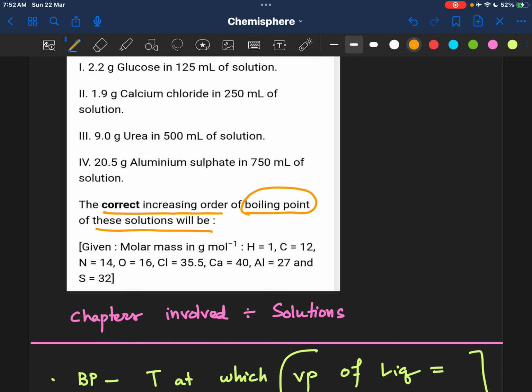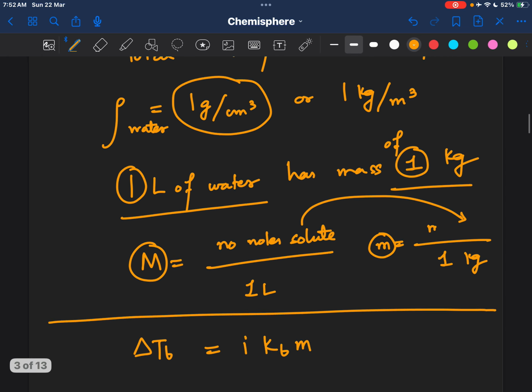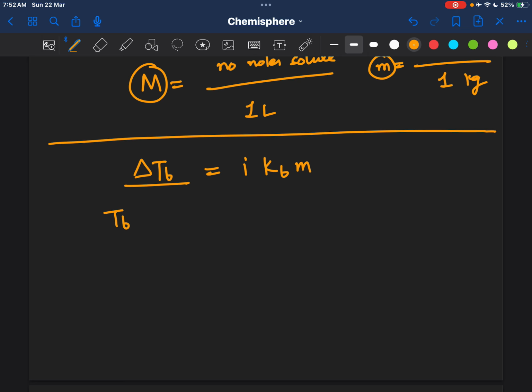We know that delta TB can be written as TB minus TB naught is equal to I into KB into M, where TB is the boiling point of solution, TB naught is the boiling point of solvent, and the solvent in each case is water, so this is going to be 100 degrees Celsius, or you can consider it to be a constant.